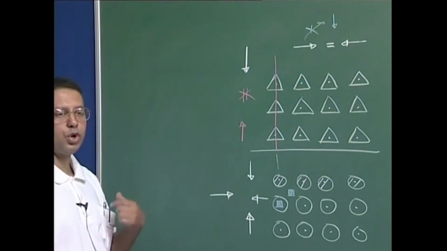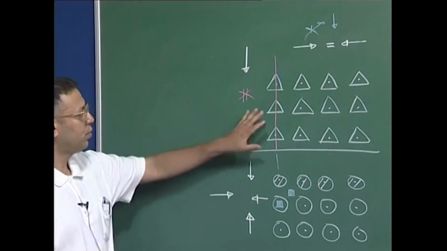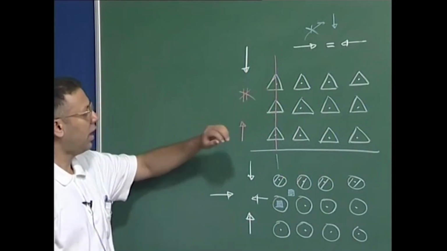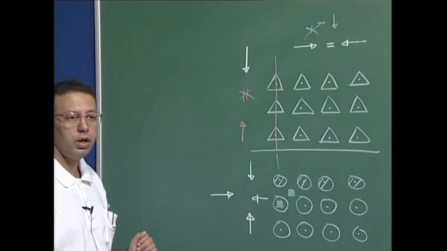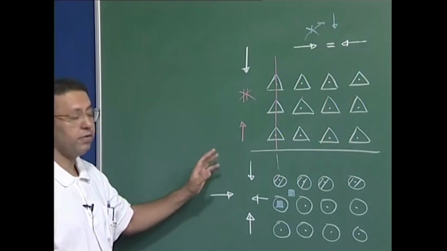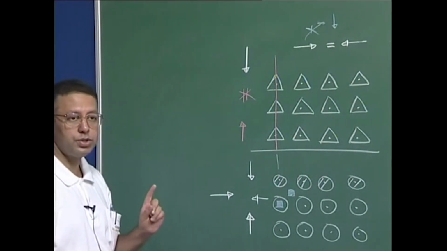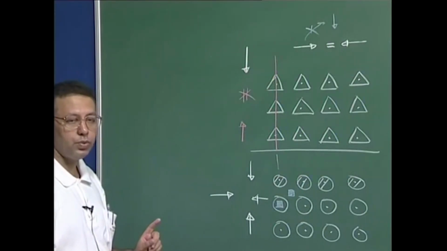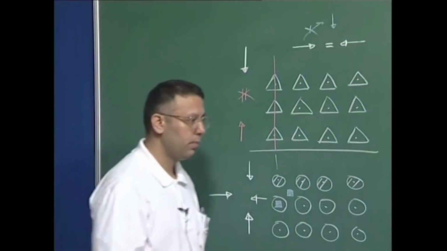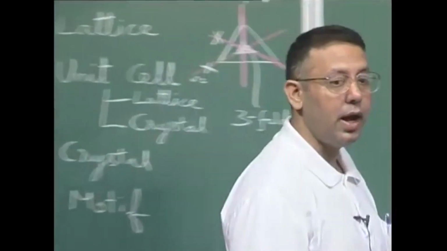So, as long as I am looking for a property which would be determined by the symmetry of the crystal, like for instance, in this case we consider flow of water, then I would clearly make out the difference between two directions, and only those directions will be equivalent which would have the same symmetry. So, it is not without reason that I call this a rectangle crystal and not a square crystal.